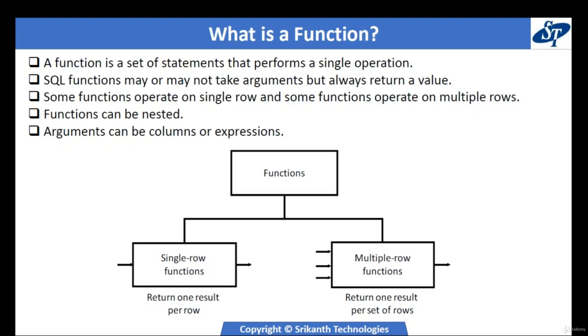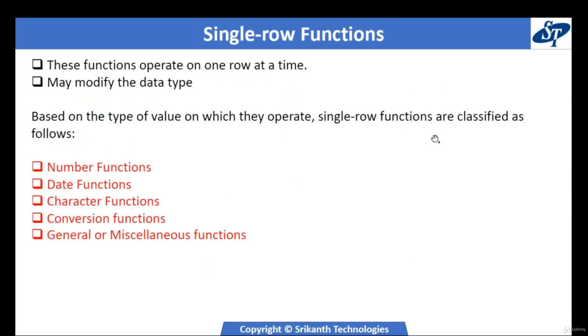So let's talk about single row functions first. Single row functions are divided into 5 categories based on what type of data they operate on. If the function deals with numbers, it's called a number function or a numeric function. If it works with dates, a date function.